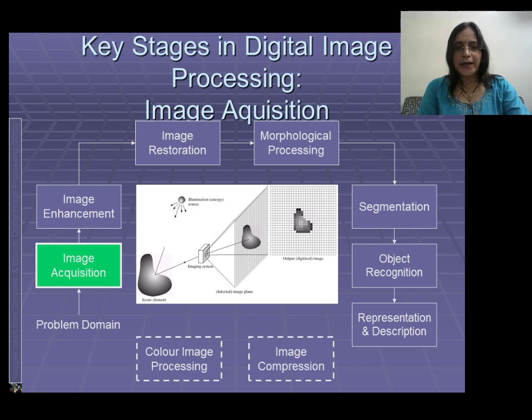The light is illuminated on that particular object, and in the presence of light we are capturing that analog image, and then we are converting that image into digital format. This digitally formed image is stored in the computer for further processing.